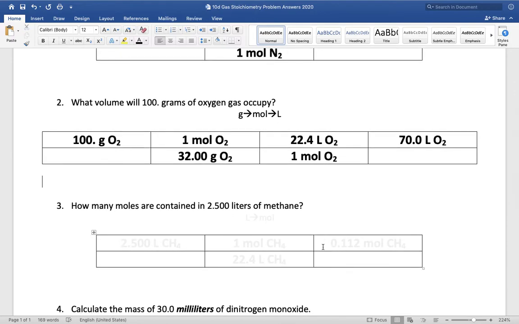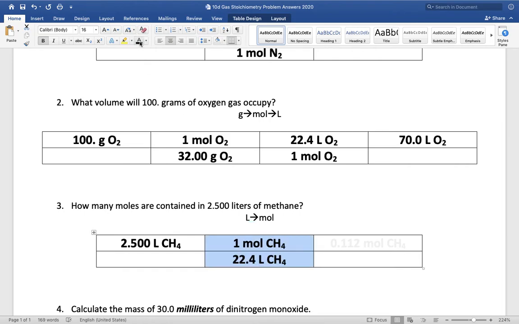Number three, how many moles are contained in 2.500 liters of methane? So I start with liters, and I want to convert that to moles. So this seems like a pretty simple problem using my standard molar volume. I start with 2.500 liters of methane, CH4, and then there are 22.4 liters in 1 mole.